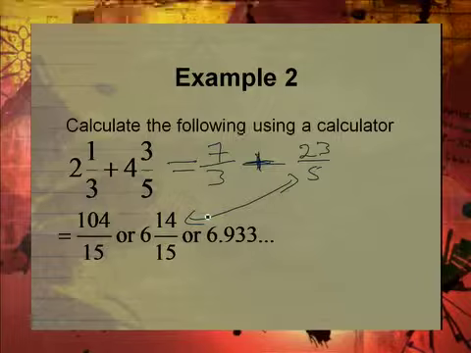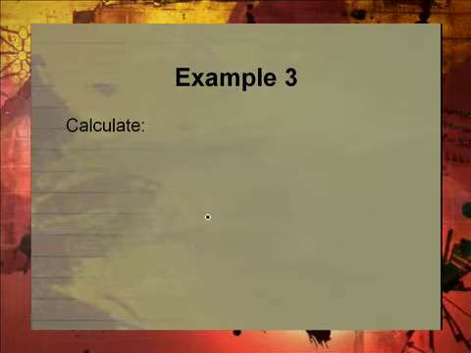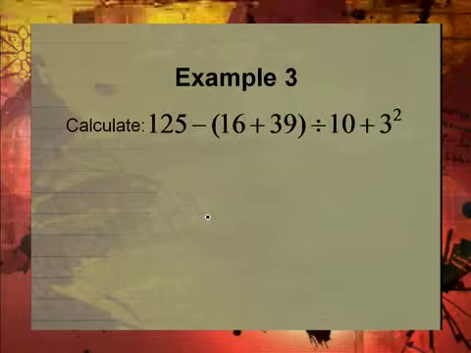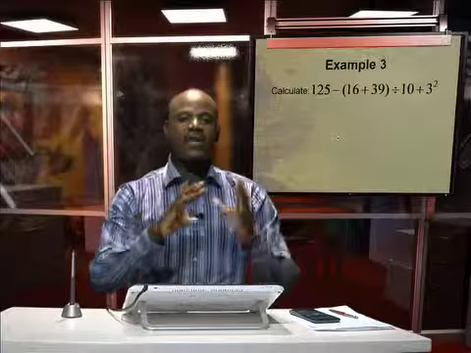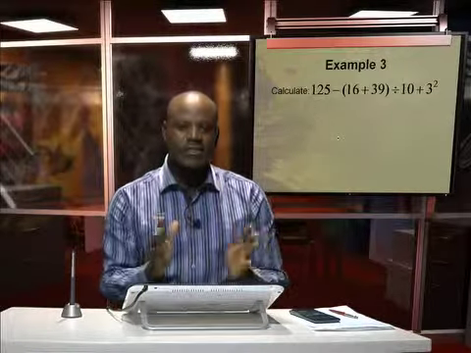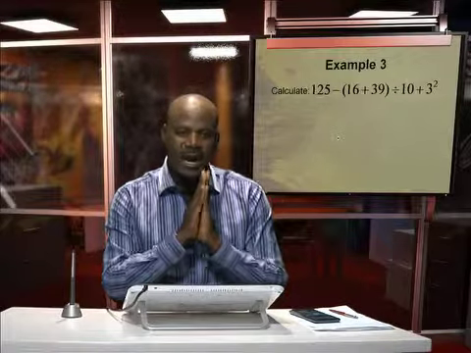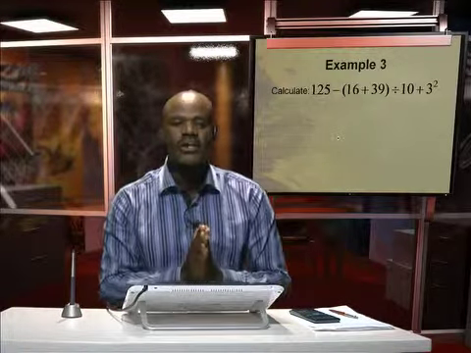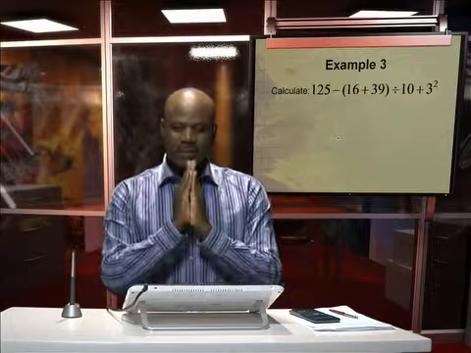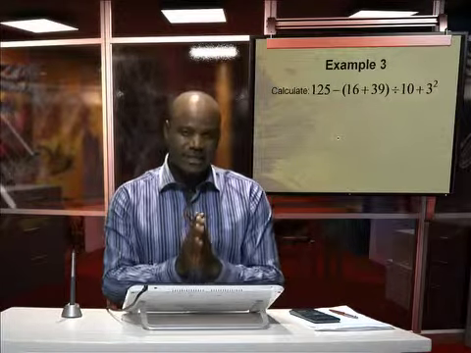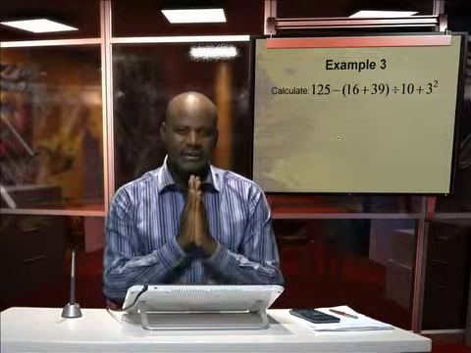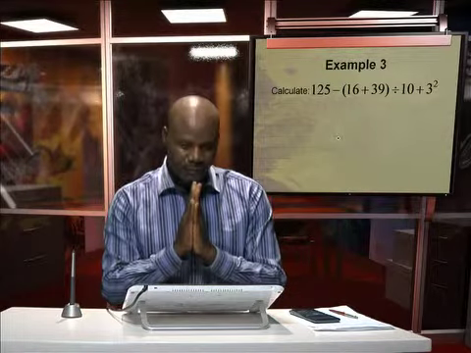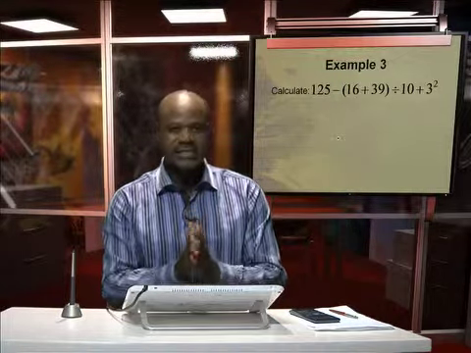Okay, cool. Now, we look at example 3. Now we have the combination. We have signs, we have brackets, we have powers, which is 3 squared in this case. Now, remember the BODMAS says start with the brackets. Now I'm talking fully about BODMAS. Start with brackets, come to division, multiplication, addition, subtraction.